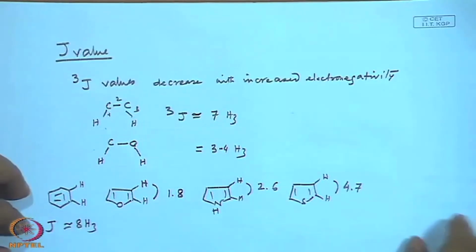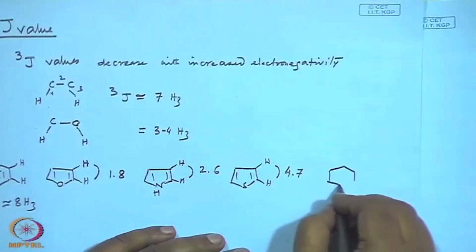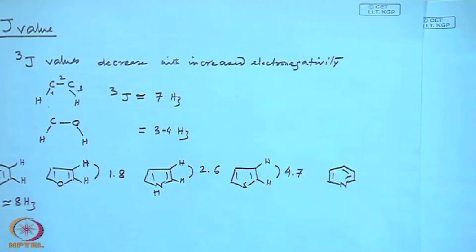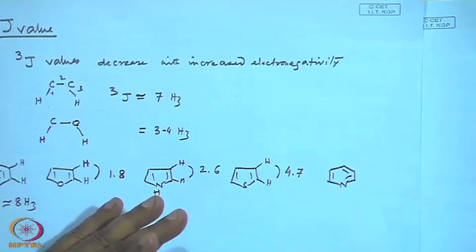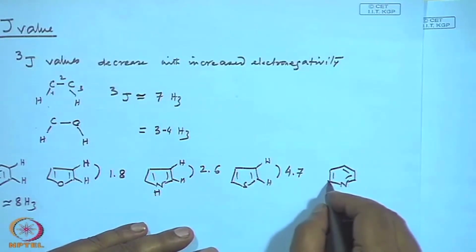To give you one more example, probably this is quite interesting. Suppose you are expecting a disubstituted pyridine, or just a monosubstituted pyridine, for example. There are two possible structures.